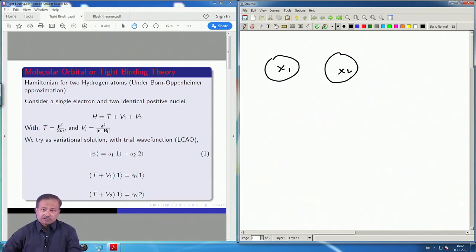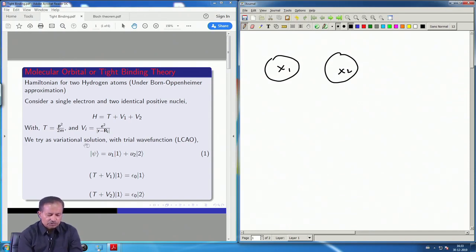That lowest energy solution is called the variational lower bound of the energy, and that sometimes agrees with the ground state, sometimes does not, but it is still a very good method to get a low energy eigenstate of a quantum problem. Now the approximation that one does is at the level of the wave function.